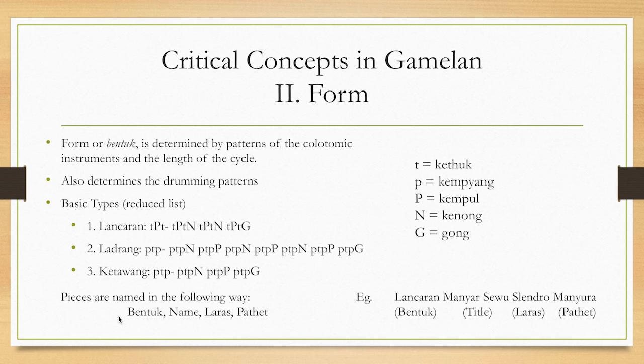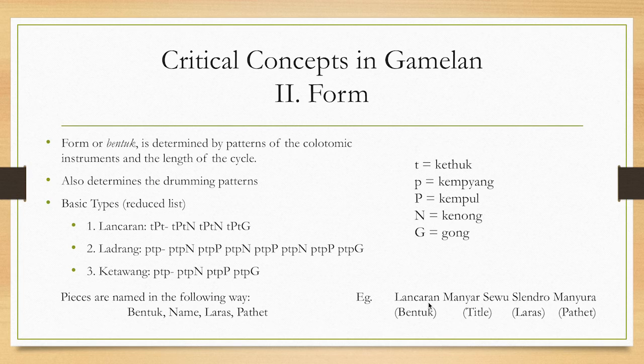Also, one thing you'll see here at the bottom of this slide is that the names of pieces actually give a lot of information about the piece. The first part of any name is the bentuk, or the form, and that tells you how long the cycle is, what the kendang drum is playing, and what patterns are going to be played by all of these colotomic instruments. So for example, a piece might be named like this.